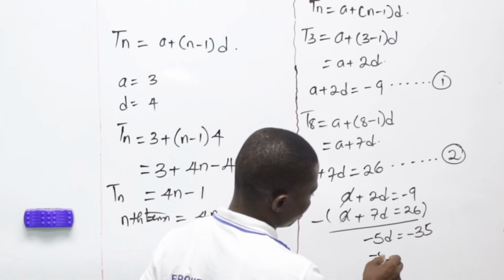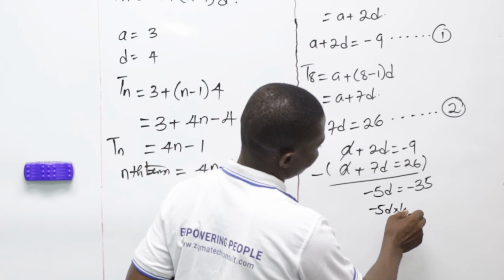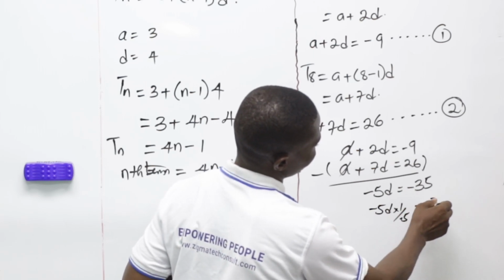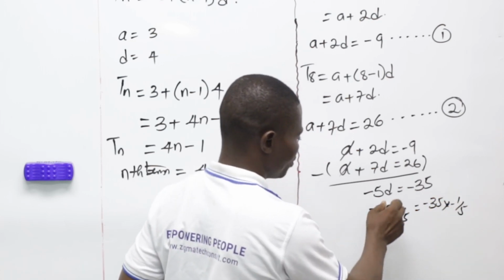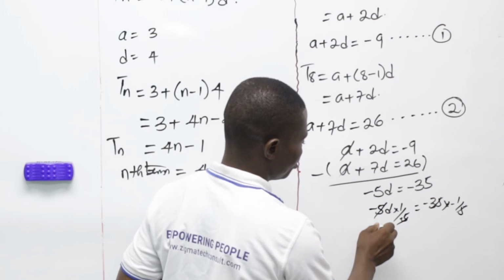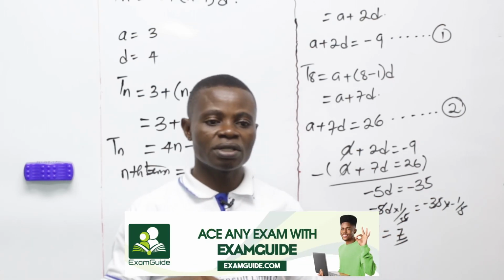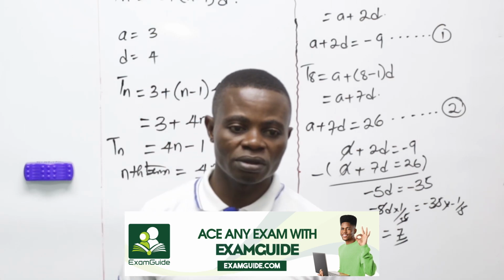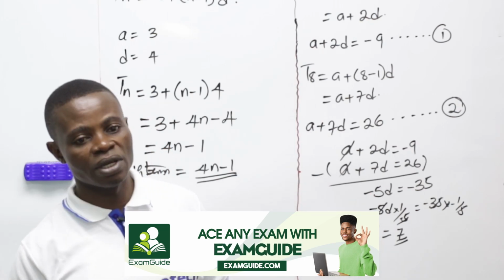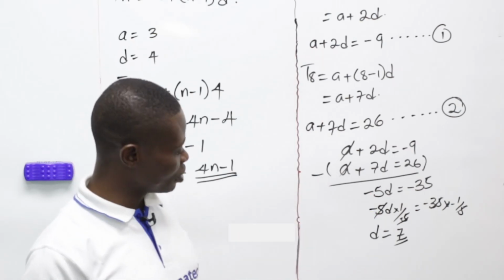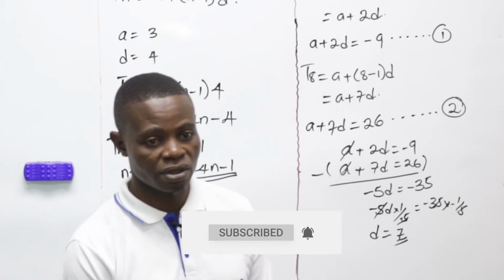So multiplying this, minus 5D times minus 1 over 5 equals minus 35 times minus 1 all over 5. Cancel, cancel, cancel this, so that D equals 7. Now the question said find the common difference. Therefore, the common difference for this sequence called arithmetic progression is 7. That is the solution for that question.